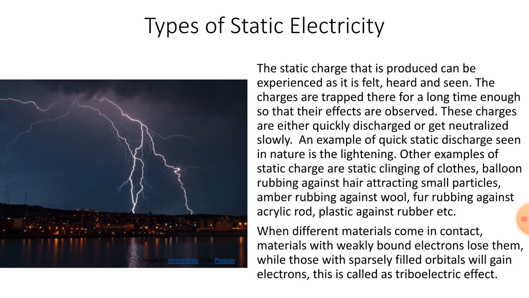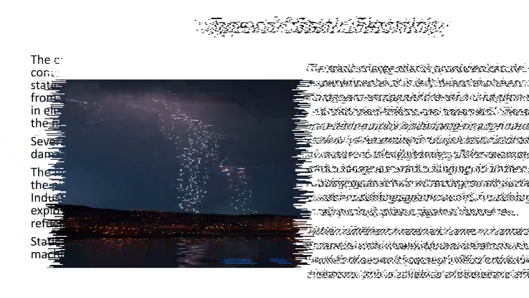Other examples of static charge are static clinging of clothes, a balloon rubbing against hair attracting small particles, amber rubbing against wool, fur rubbing against an acrylic rod, plastic against rubber, etc. When different materials come in contact, materials with weakly bound electrons lose them, while those with sparsely filled orbitals will gain electrons. This is called the triboelectric effect.